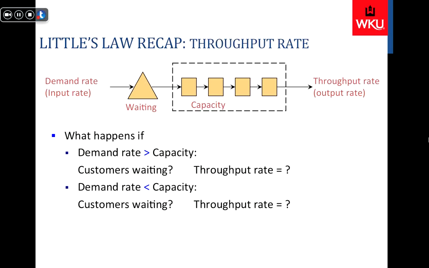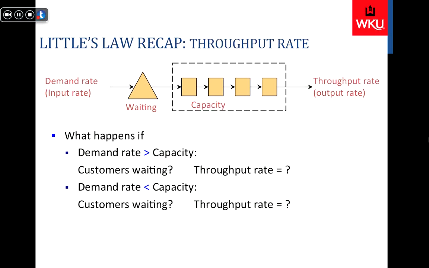But if the demand rate is less than the capacity, in this case, let's say demand is 80 and your capacity is 100, customers will not come out at 100, because what's coming in is 80, which is lower than capacity. If 80 is coming in, 80 is going to come out.